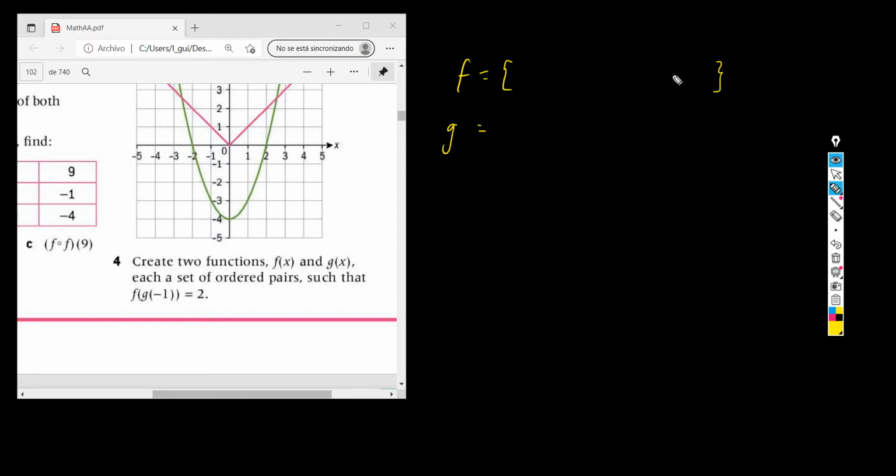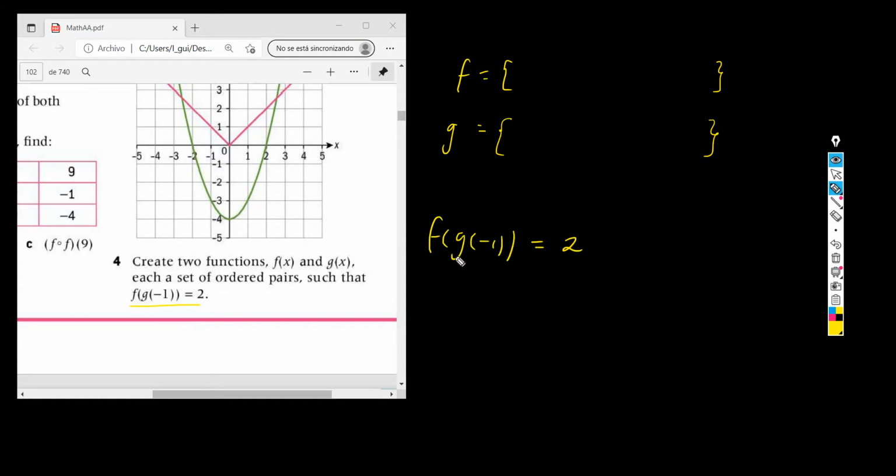How many? They don't tell me. I'm completely free. With what type of relationship between the input and output, they don't tell me. I'm completely free to create whatever f and whatever g I want, as long as I respect this requirement. f of g of -1 should be equal to 2.